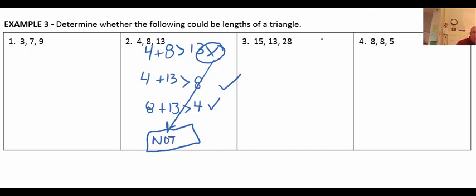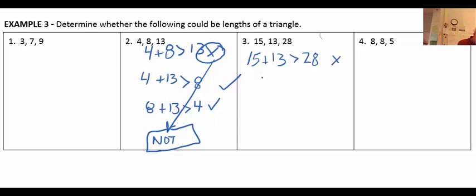On to number 3. So here again, we're going to pick our two smallest sides first here. 15 and 13. Is that greater than 28? No, it's equal to 28. So again, that's probably going to be a problem.